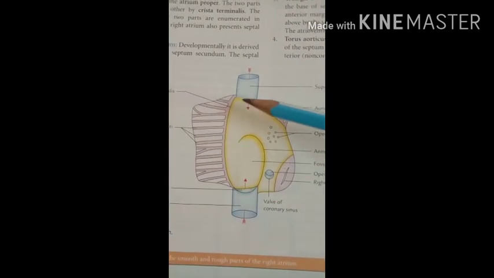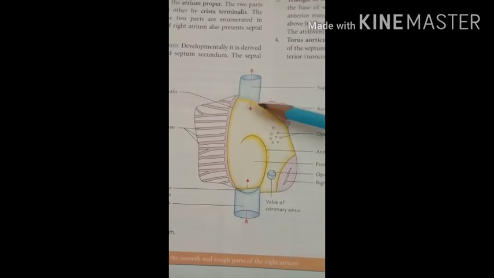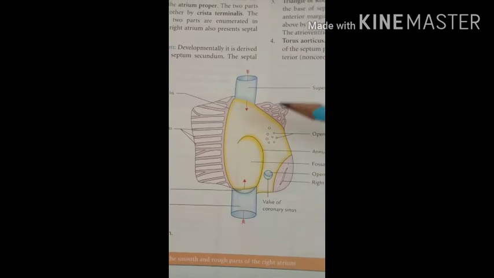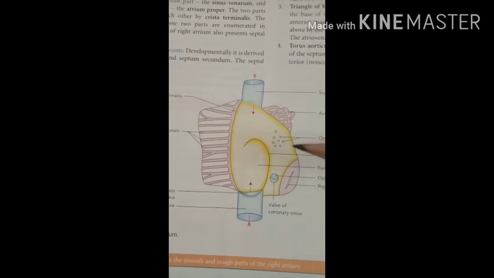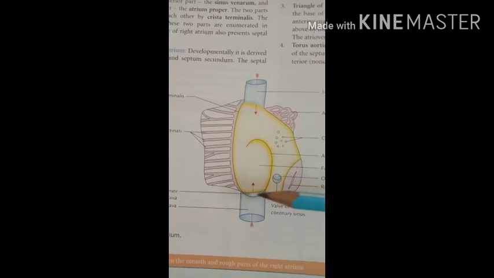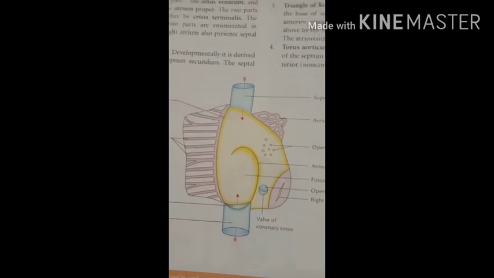Then the right atrium forms externally the right border of the heart, part of the upper border, the sternocostal surface and the base of the heart. So this is the structure formed by the right atrium of the heart.